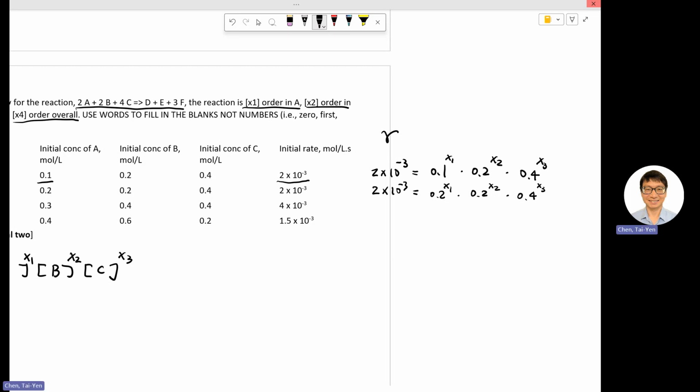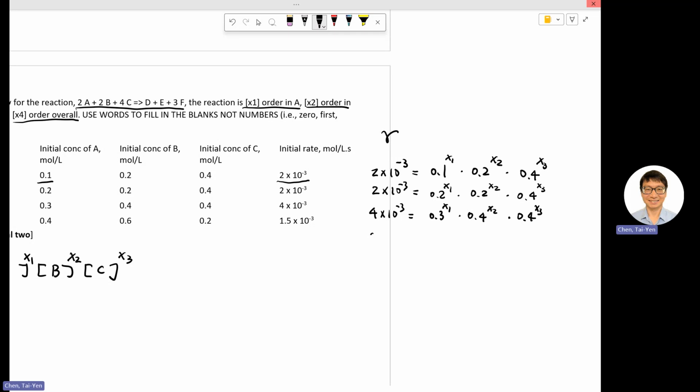The next one is 4 times 10 to the negative 3 equals 0.3 to the x1 power times 0.4 to the x2 power times 0.4 to the x3 power.